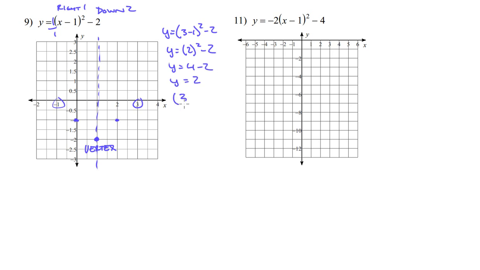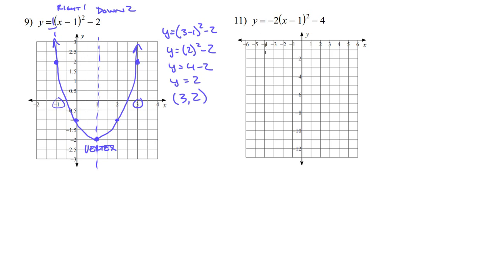So when we plug in 3, we get 2 out. So 3 is going to be up here at 2. And that's a distance of 2 there, so we go a distance of 2 the other direction, reflect it over, and there's our 5th point. You always want to do 5 points to graph your parabola.